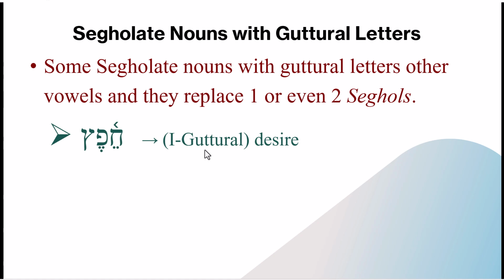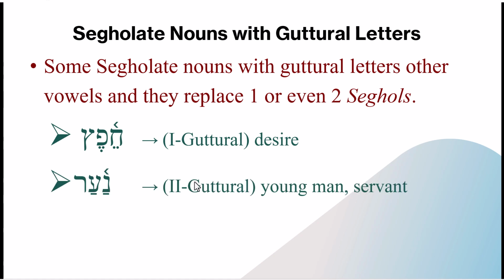This is a one guttural, and it means desire. Another example is na'ar. This is a two guttural, and it means young man or servant. In this case, both of the Segholes are replaced by patachs. Sometimes an ayin affects the vowel in the letter that comes before it and the vowel that comes with it.